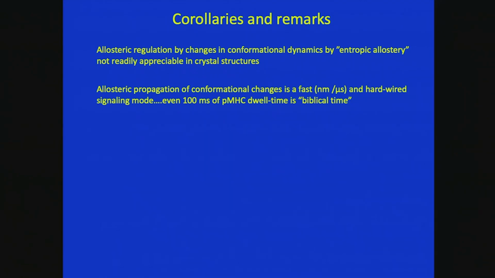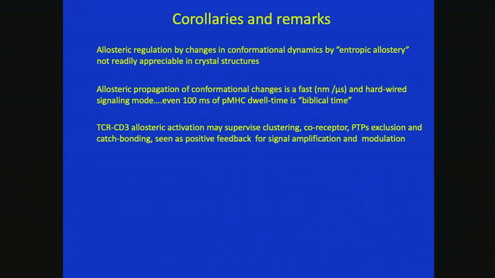Now, if a conformational change takes 1-2 milliseconds to go from one side to another, 100 milliseconds is a lot. So it becomes almost independent of time. These 100 milliseconds are important for accomplishing phosphorylations and other things that have to happen inside. I think this is an important point that has been completely forgotten by people that work in the field.